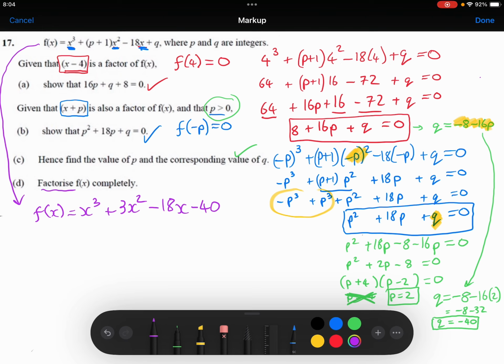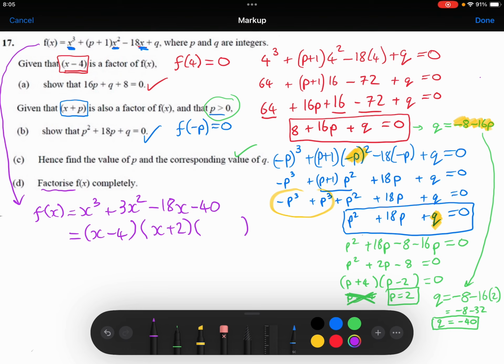Well, remember we do know two factors already. We know x minus 4 from part A of the question. And we also know x plus p from the second part of the question. And we know that p is 2. So x plus 2 is a factor as well. The only thing we need to find now is the third factor.